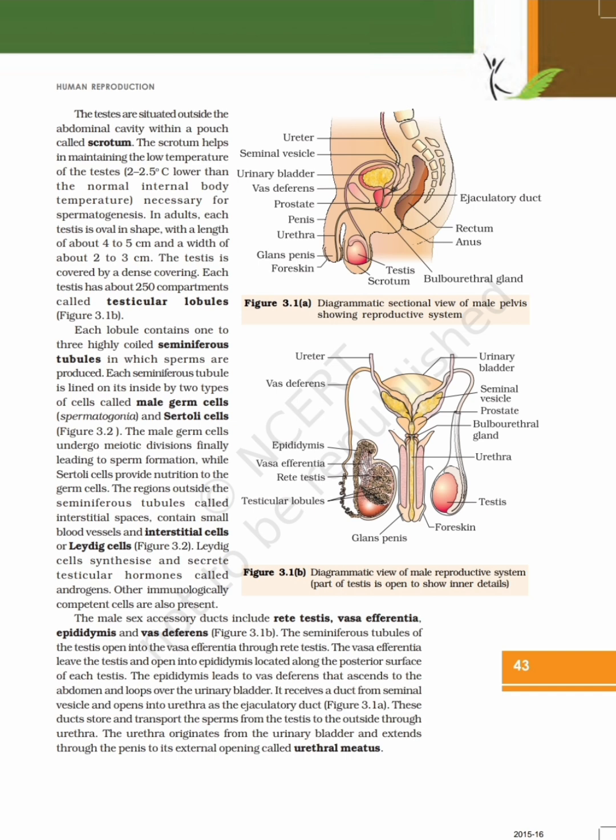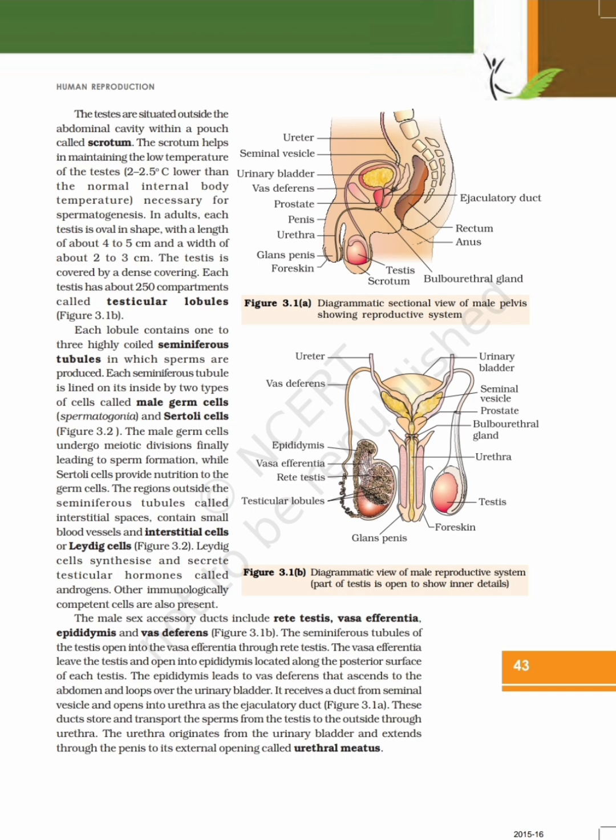And what are the major parts? Those are the testes, accessory glands, ducts, and external genitalia. Now, one more thing: testes are always situated outside the abdominal cavity. Means they are not inside the male's body, they are outside the male's body, protected in a pouch called scrotum.